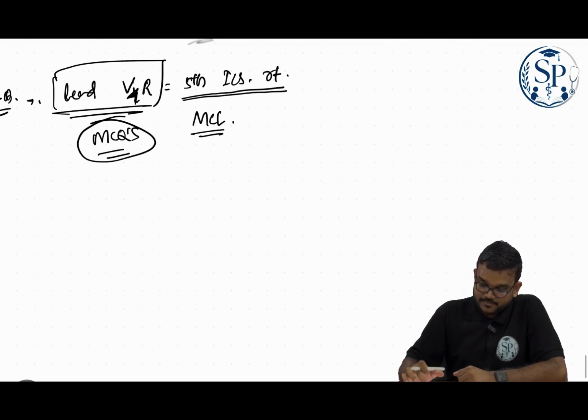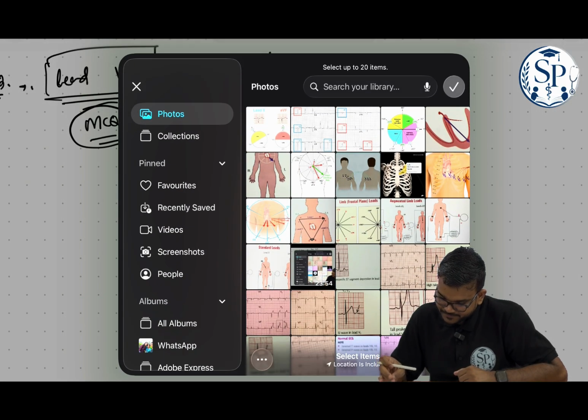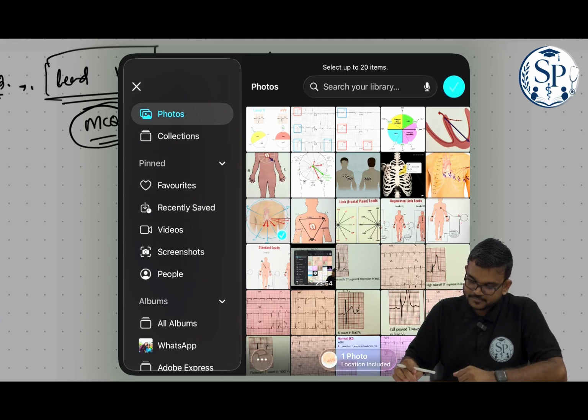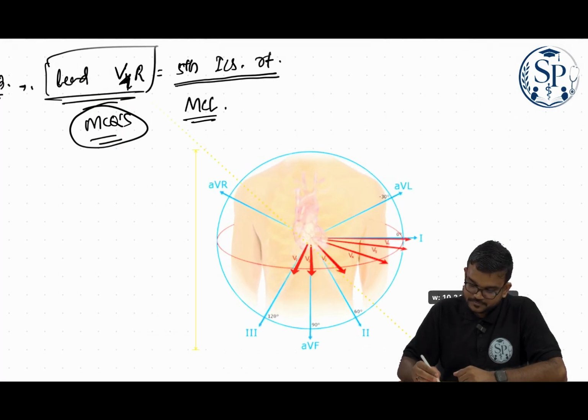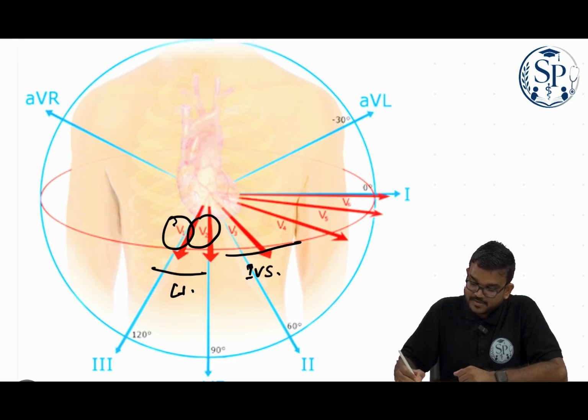Okay, now we want to see different images. V1, V2 on the right side of the sternum and left side, V3, V4 for the interventricular septum, then V5 and V6 on the left side.